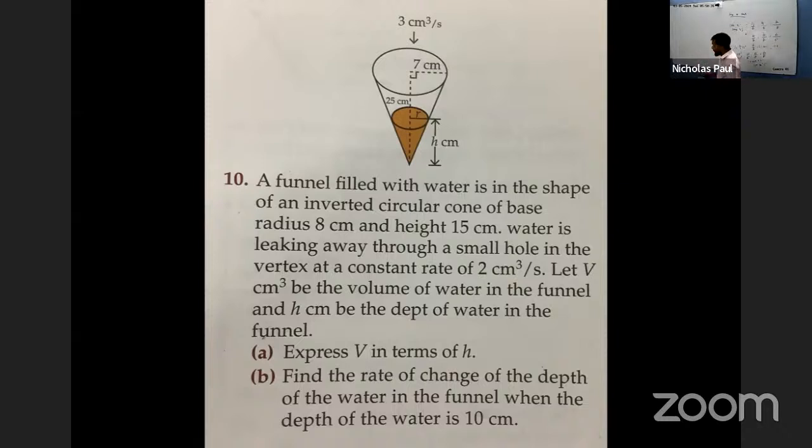So they give you a funnel, right? A funnel filled with water is in the shape of an inverted circular cone with a base of 8 centimeters. Oh, shucks, I did the wrong question.